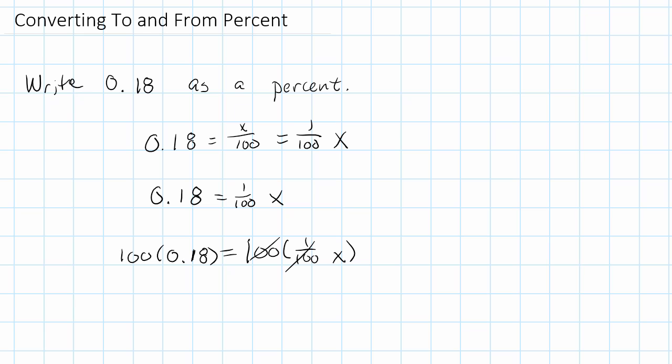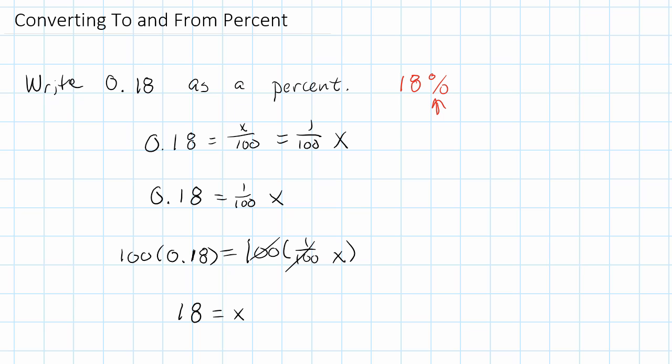Remember, we have a shortcut to multiplying decimals by powers of 10, right? If I multiply by a 1 followed by 2 zeros, I just have 2 fewer digits after the decimal point. I conclude that 0.18 is 18%. And because I've just found a percent, I write the percent sign at the end.